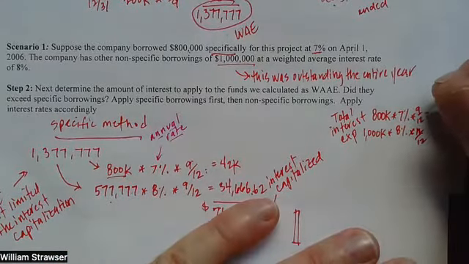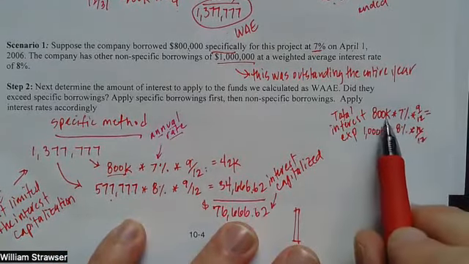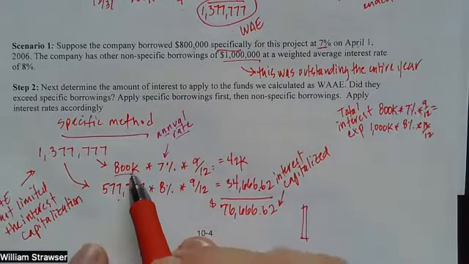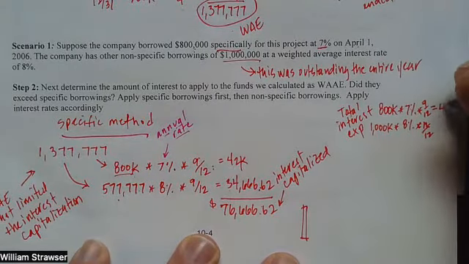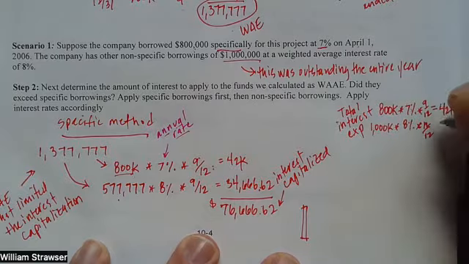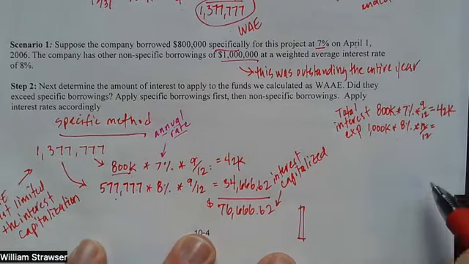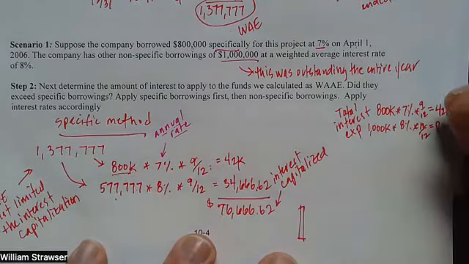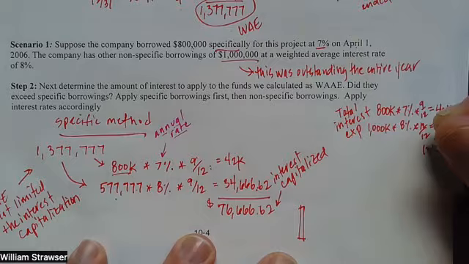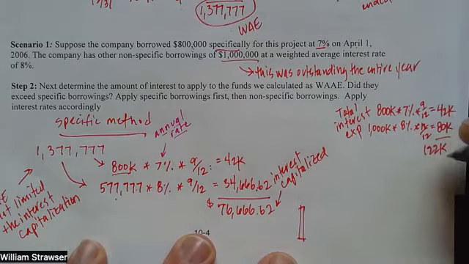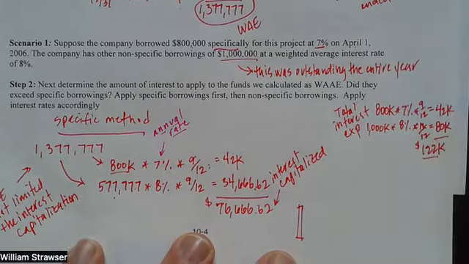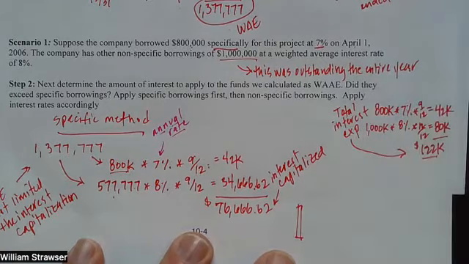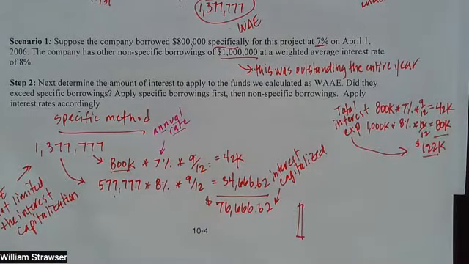So I've already done the 800,000, 7% at 9 to 12. It was totally capitalized, but we're going to write it over here as well, 42,000. This loan would have generated $80,000 of interest. The interest for both of these together would have been $122,000. That would have been the total interest expense I would have recognized during this year if I had not had a construction job going.